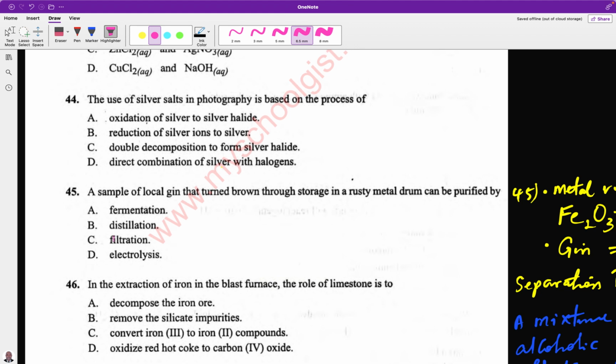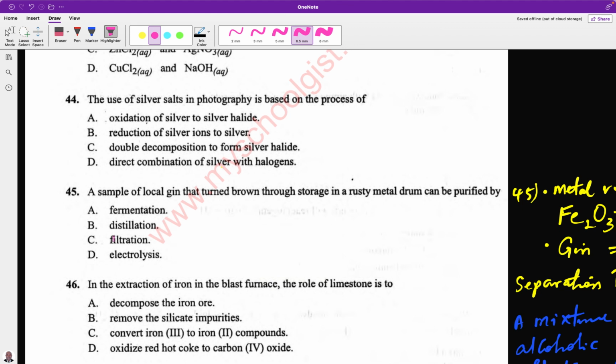For that purpose, silver goes from plus 1 to 0. Silver chloride will give a silver solid, which is Ag, plus the chlorine gas that is released.